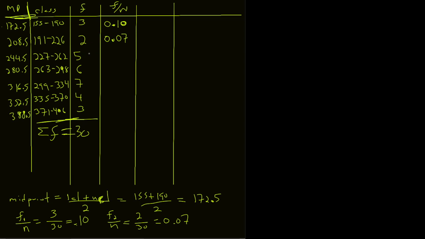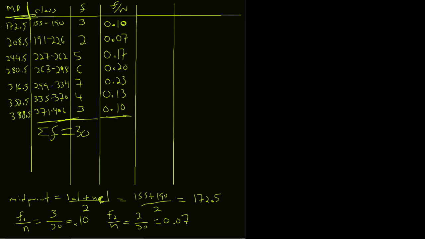On the calculator, 5 divided by 30 rounds to 0.17 or 17%. 6 divided by 30 is 0.20. 7 divided by 30 is 0.23. 4 divided by 30 is 0.13. And this we already did up here. 3 divided by 30 is 0.10.